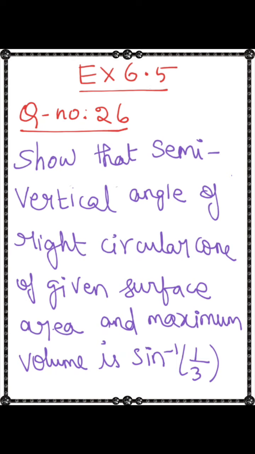In the question it can be given surface area, given curved surface area or given volume, and maximum volume or minimum volume, maximum CSA or minimum CSA, maximum or minimum surface area.